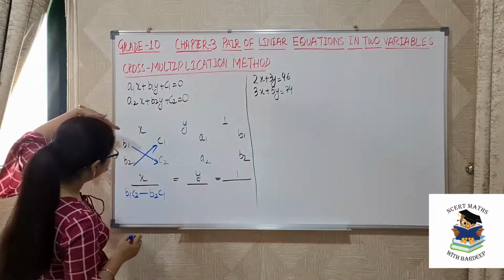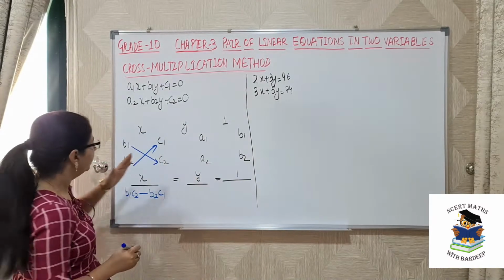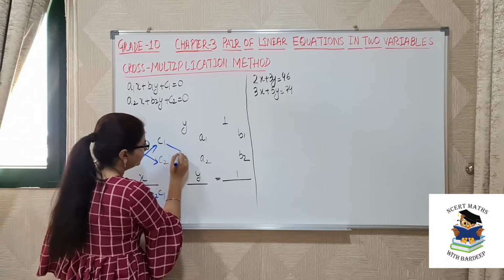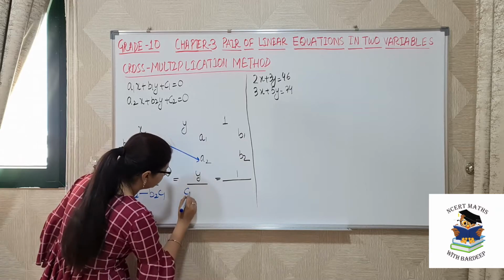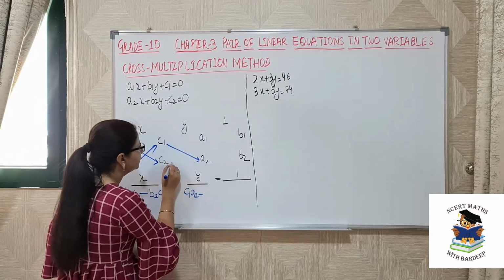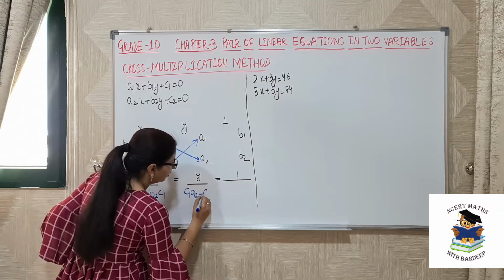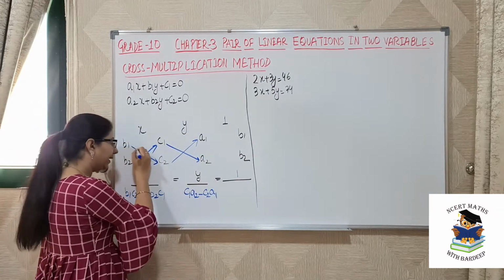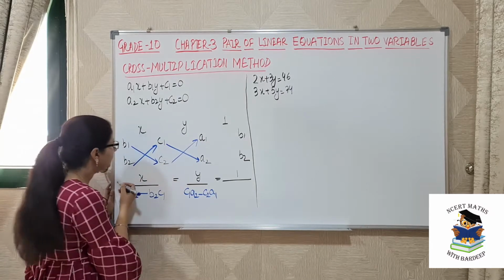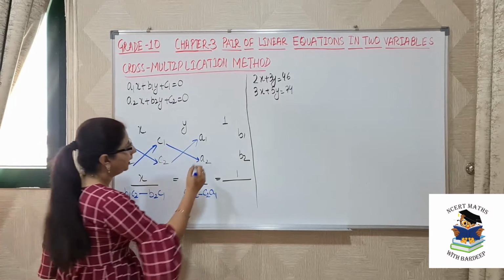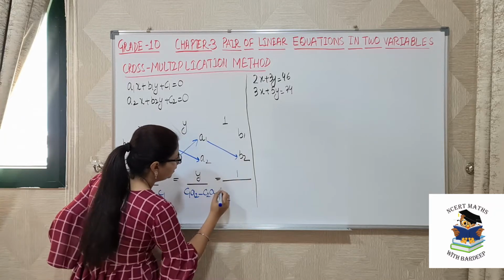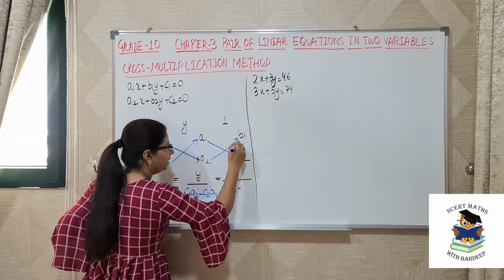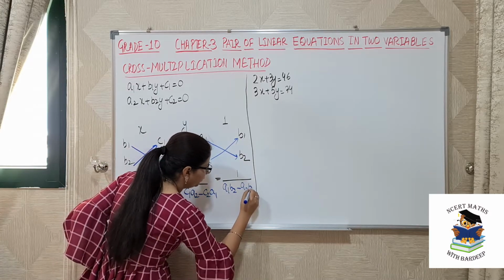So always start from the first thing, this way, minus this thing. Same we will do for this. c1 a2 is written first minus c2 a1. Or if you get confused which one to use, make one line first, write those numbers, and then make the second line like this. So we will write a1 b2 minus, I'll make this line and then I will write a2 b1.